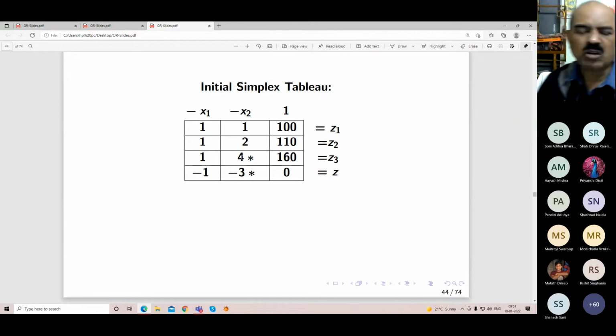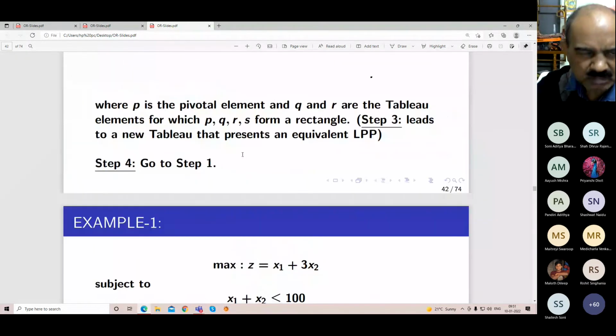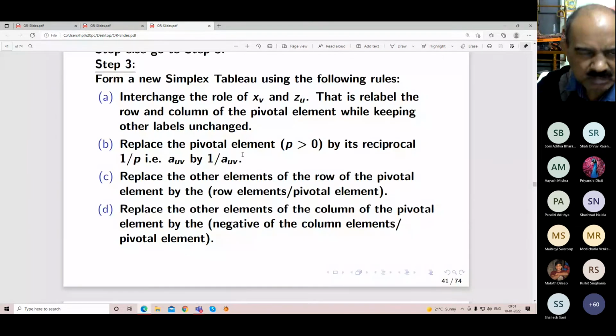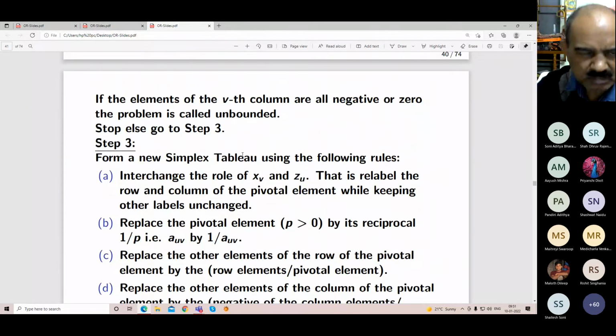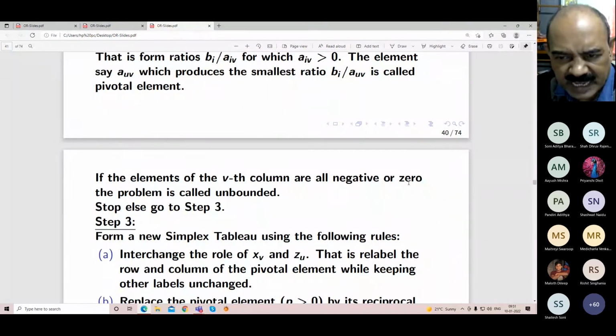Okay, so now once the key element is selected, how do we proceed further? That I am telling. See, we have got a key element, that is the pivotal element. If in case you find that in that column all the elements are either negative or 0, then the problem is unbounded.